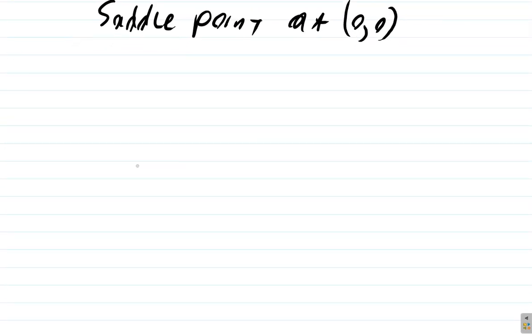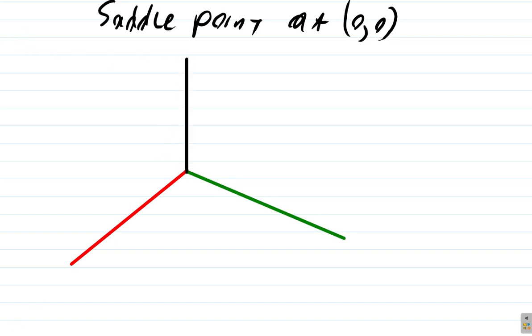The thing is, if we had our x-axis, y-axis, and z-axis, and we had a maximum point, we would have the x going up and then down, and the direction of the y would be somewhat like this.